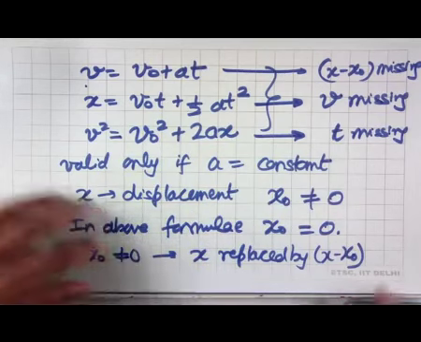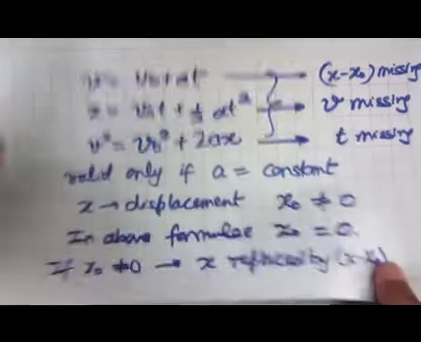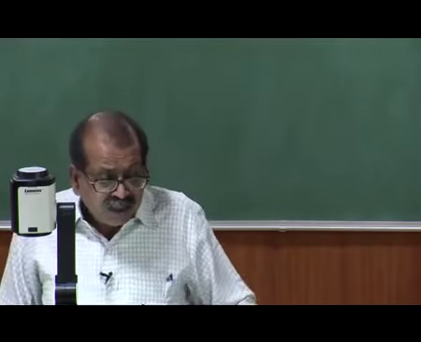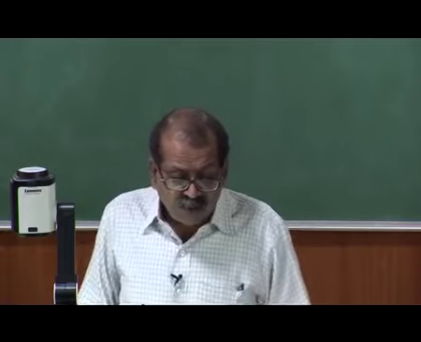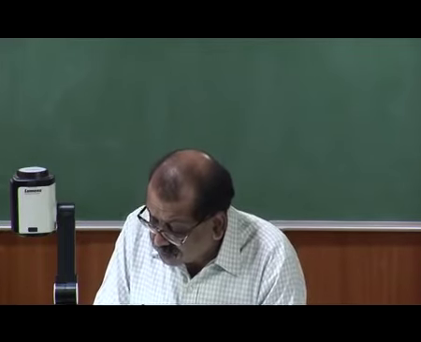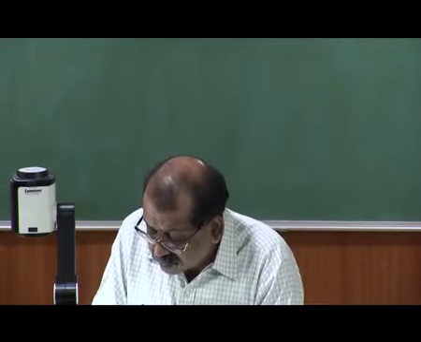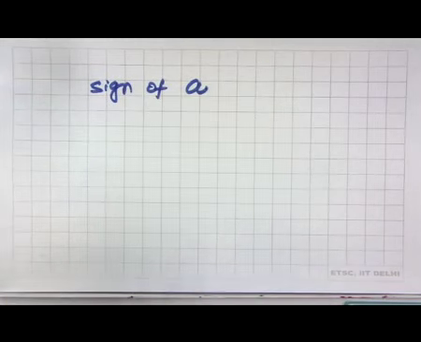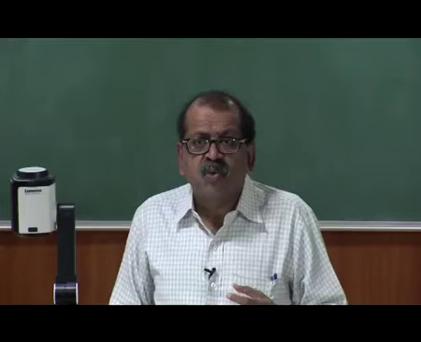And so, therefore, depending on what is given in the problem and what is asked for, you have to look at this. And then there is one more catch about which we have to be careful, and that is the sign of a, because in all these formulas we have plus 2ax or plus half at square.